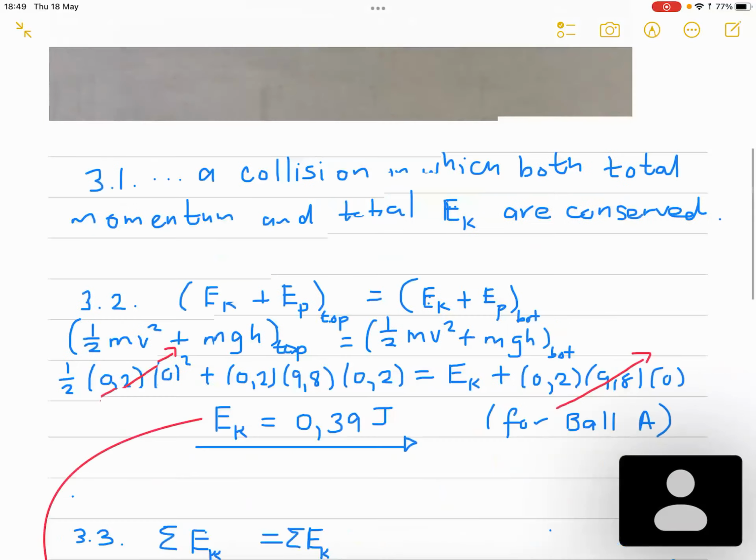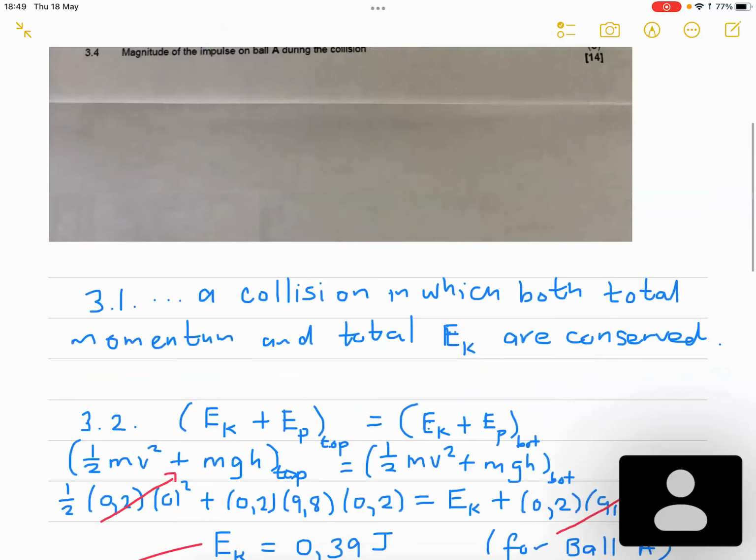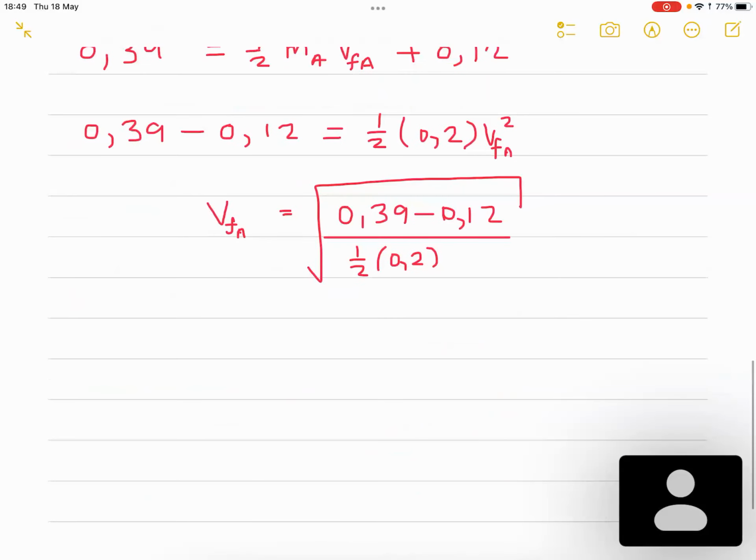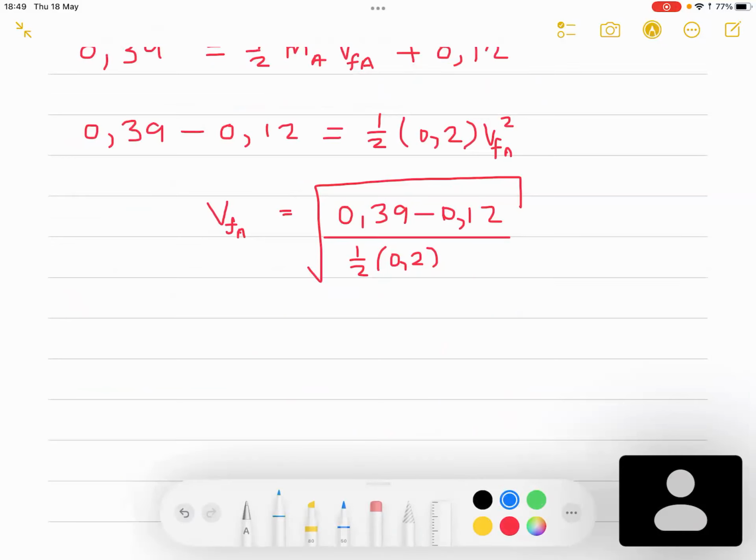So how are we going to do that? They want us to calculate the impulse on ball A. So for 3.4, the impulse is equal to the change in momentum, which is equal to the final momentum minus the initial momentum.